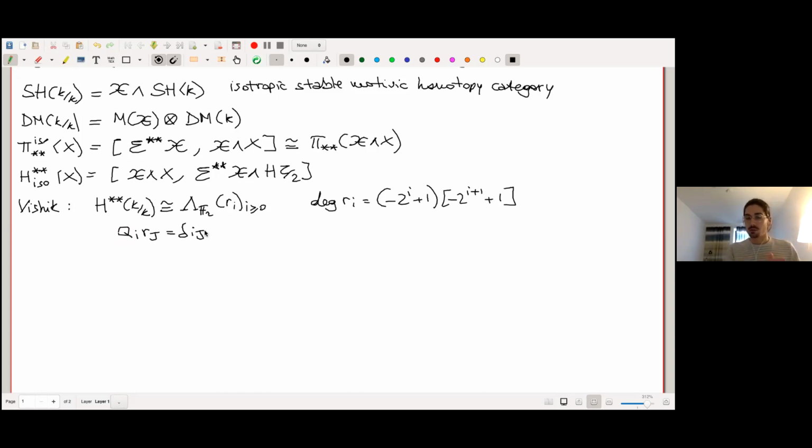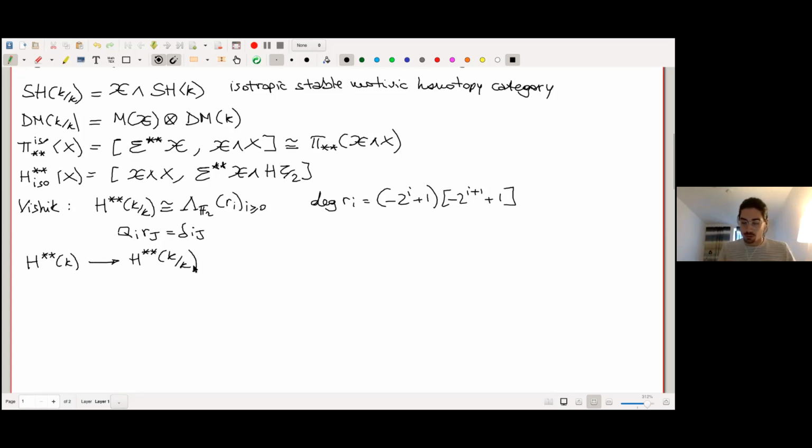Now this isotropic localization functor induces a morphism from the usual motivic homology of K to this isotropic motivic homology.